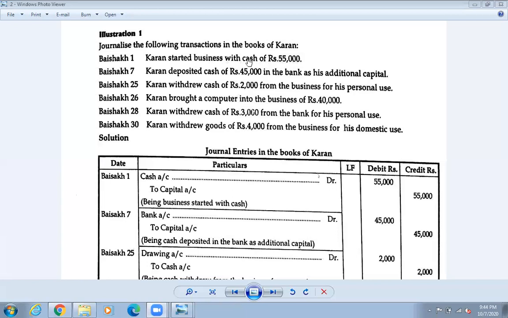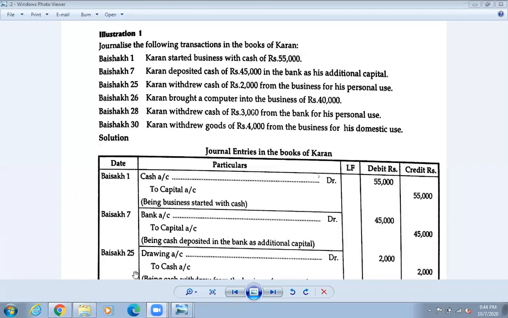So he is starting the business, that means what is coming in? I'm saying Karan started the business with cash. While we need to memorize one thing, journal bhanda feri, we need to think that this is our company. Journal कसले बनाउँछ? घरको मान्छेले होइन, अफिस वालाले.